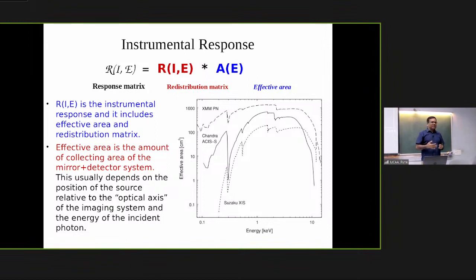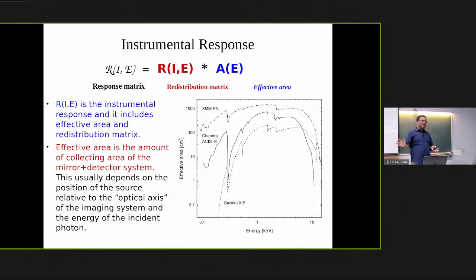This quantum efficiency essentially tells us what fraction of the incident photons are actually detected by the detector, and this fraction varies as a function of energy. If it is 100% detection, then it is 1. If it is 50% detection, let's say 0.5. So this quantum efficiency is also multiplied with the collecting area and any transmission efficiency.